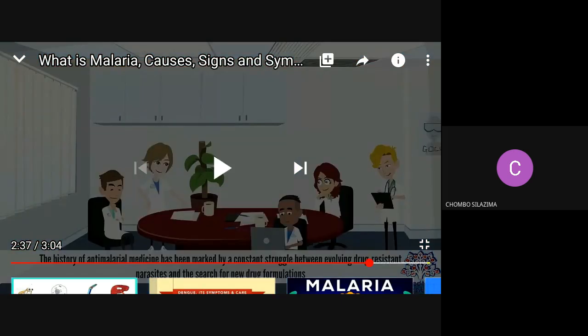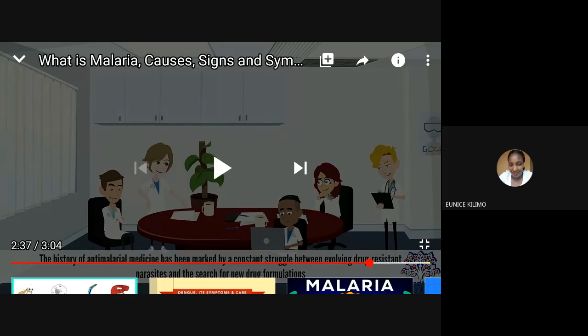Which one do you know has the drugs that treat malaria here in Kenya? Quinine. Quinine. Do we still have quinine nowadays? AL. Sorry? AL.